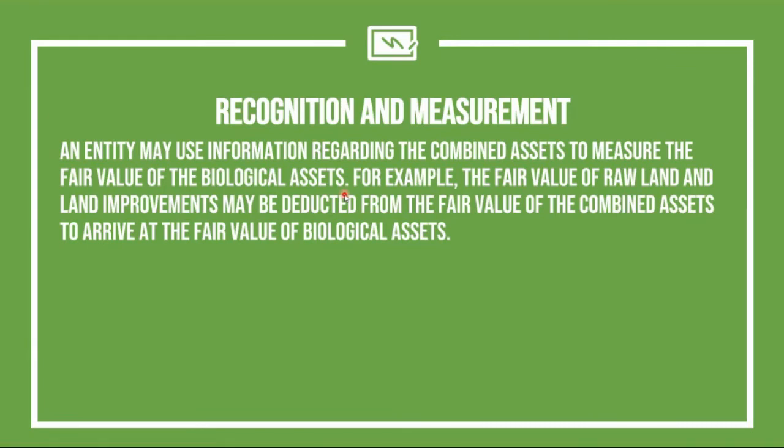So if, for example, the lot by itself is already 5 million and the land improvement was, sorry, 1 million, meaning 8 million minus 5 million minus 1 million, the remaining 2 million will be the estimated fair value of the biological asset planted there. Okay? So that's how you do it, just so you can properly present them in your financial statement. Okay.